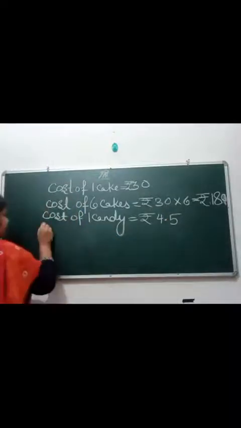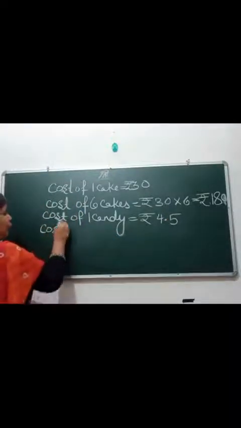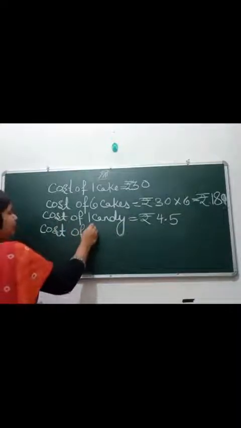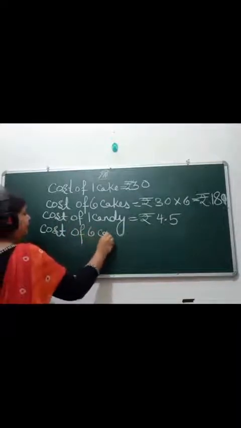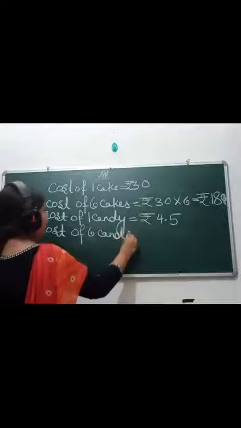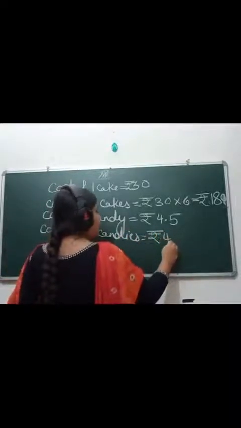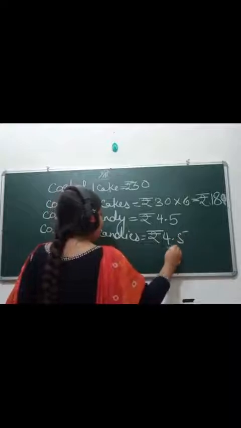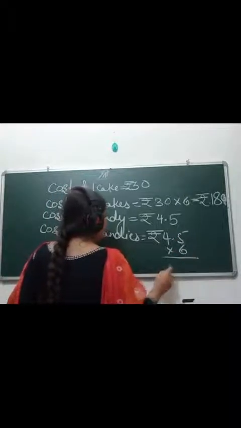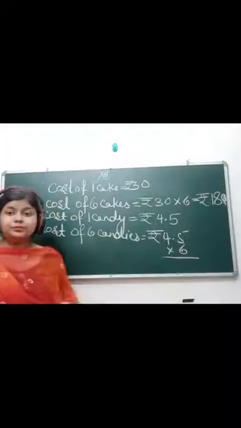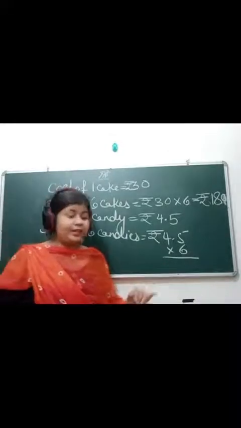So cost of 6 candies will be rupees 4.5 multiply with 6. Multiply it and tell me the answer.